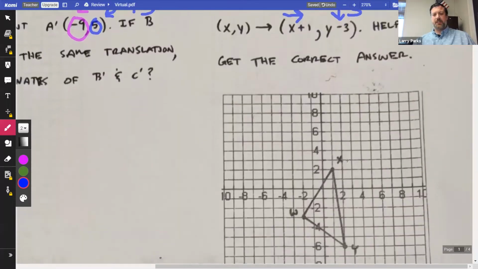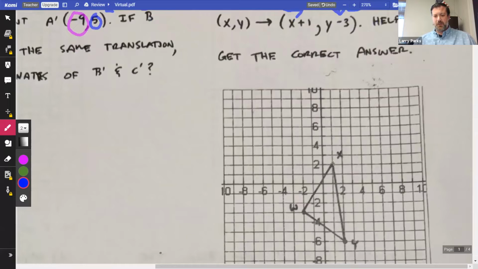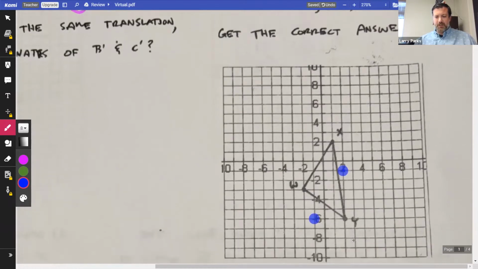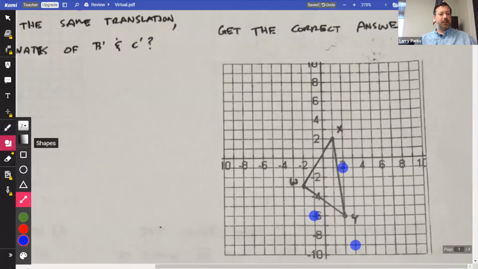So what we're going to do is we're going to take this triangle. We're going to move it 1 over 3 down. So 1 over 3 down right there. Make it a little easier to see. 1 over 1, 2, 3 down. That's where my x is going to be. 1 over 3 down right there. And 1 over 3 down. So now I have my new triangle.